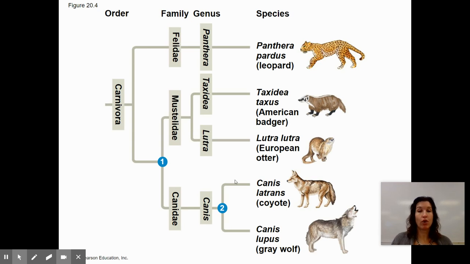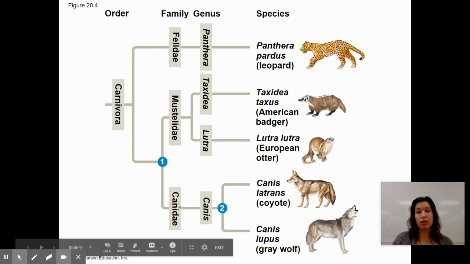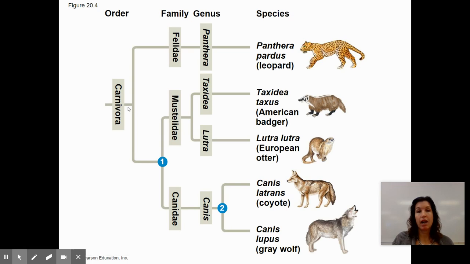We can also look for common ancestors. So right here, anywhere where there's a branch point, that means there was a common ancestor here that branched off into two other species. Back here, this would be the common ancestor for all of the species on this tree. The closer two species are together, the more closely related they are.